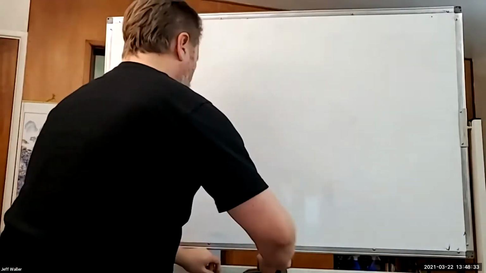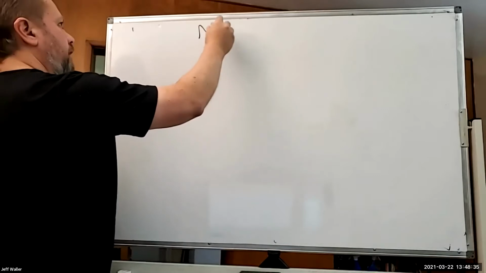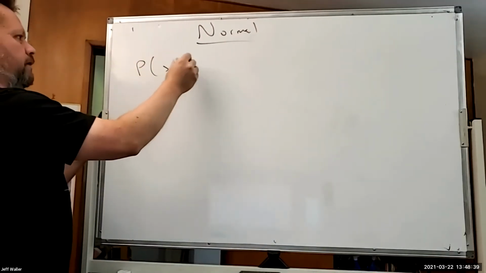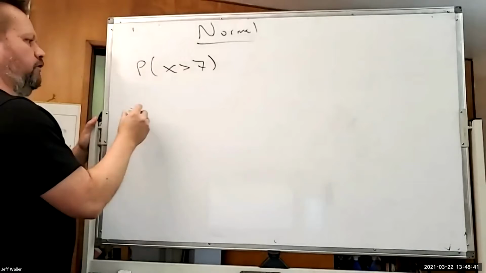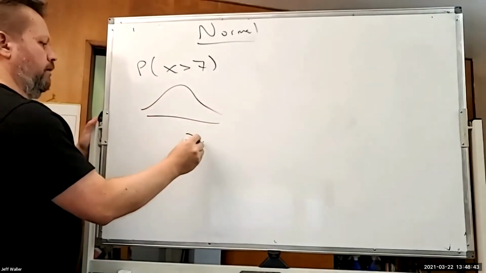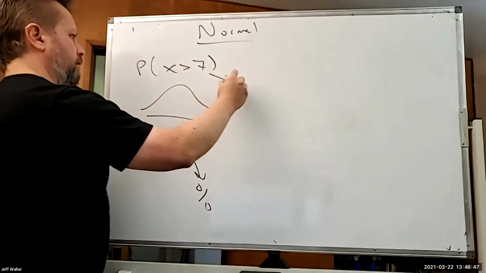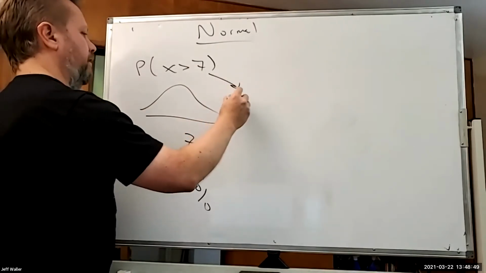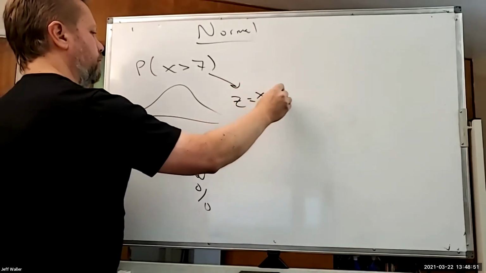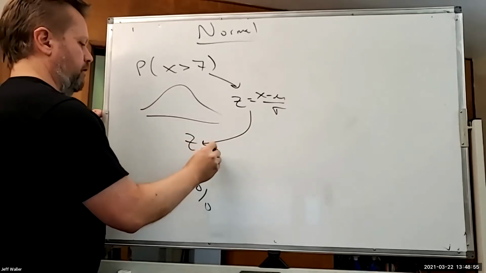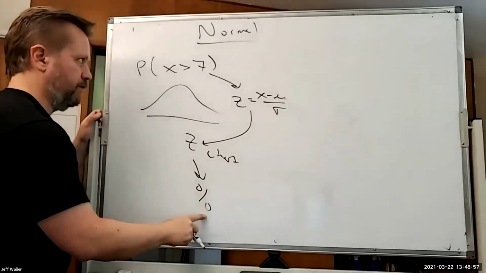If I say I've got a normal curve and I ask you a probability question about something, you've got to look up a z-score and then get a percentage, right? So let me get this all written down. You got to make this into a z-score. Then you can look it up in the chart to get a percentage.